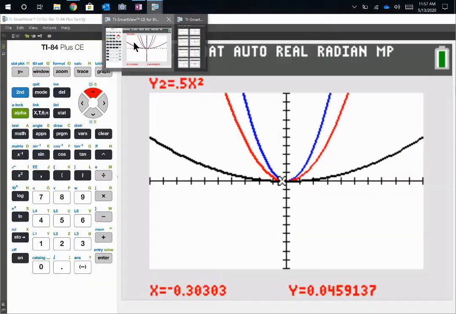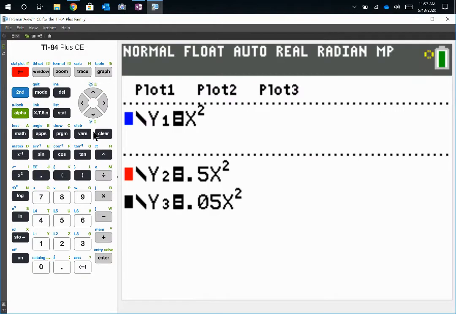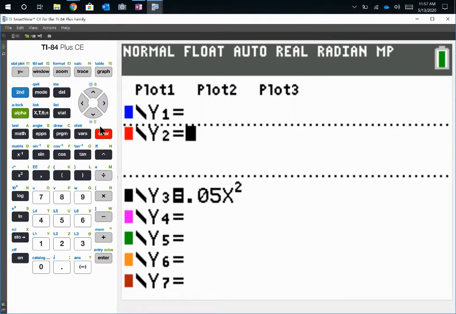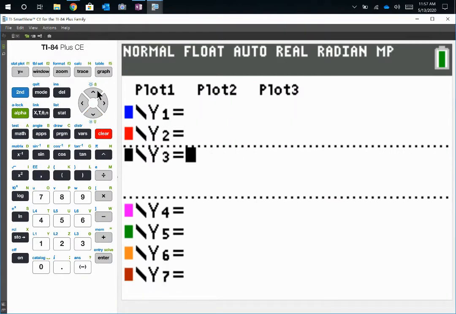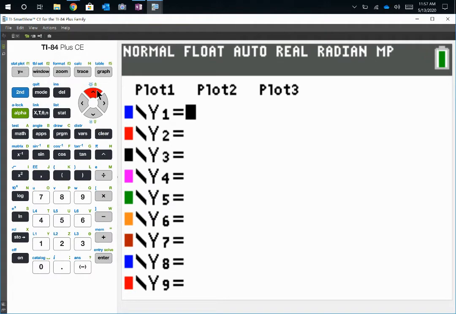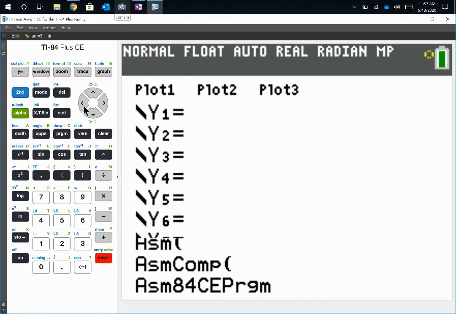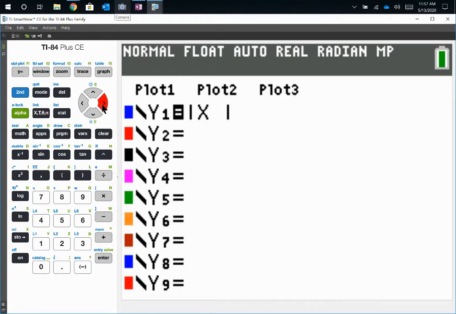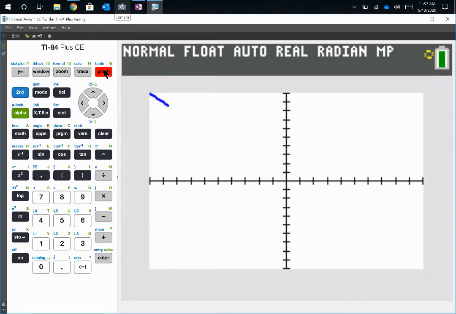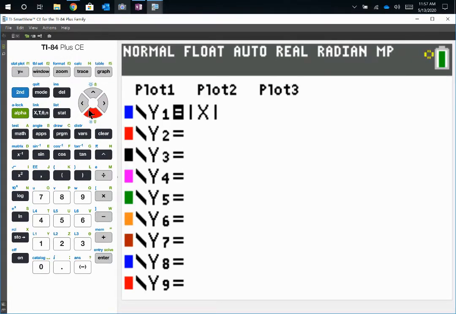If I were to graph my original function as an absolute value function, I know it looks like this. And then if I were to go next and put a 5 in front of it, I want you to see what happens to it.